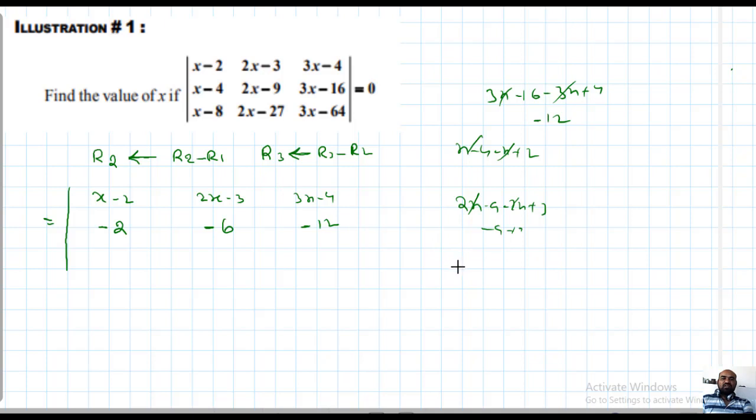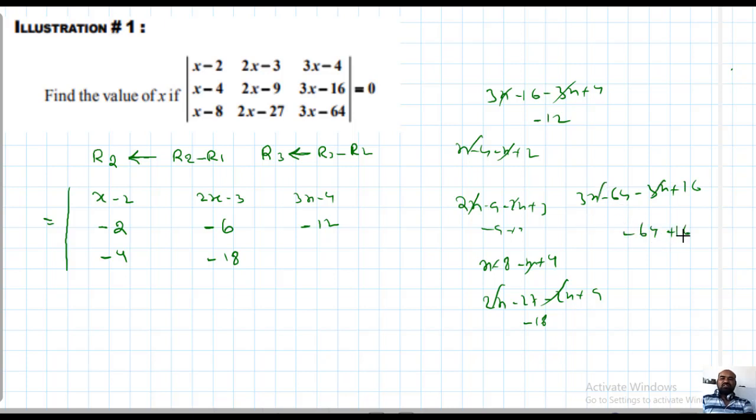Next r3 minus r2: x minus 8 minus x plus 4, that is minus 4. 2x minus 27 minus 2x plus 9, this is minus 18. 3x minus 64 minus 3x plus 16, so minus 64 plus 16, this is minus 48, equal to 0.